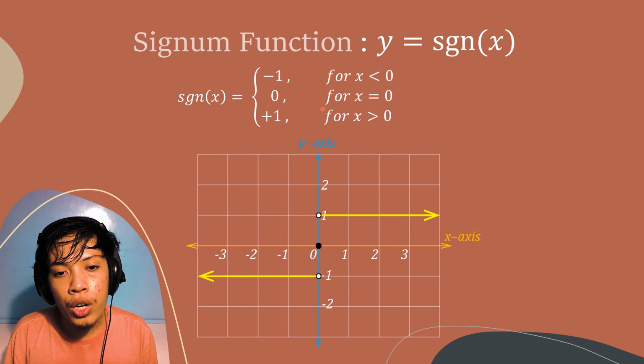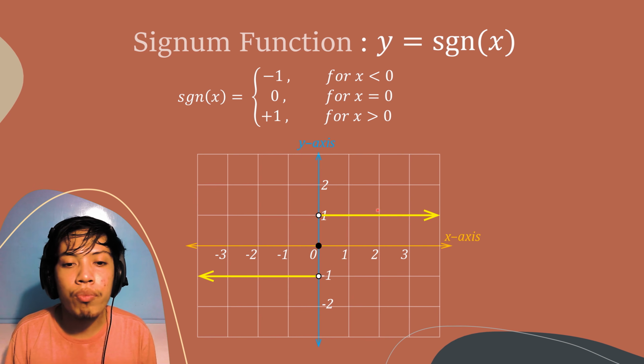Now for x equal to 0, the value of the signum function is 0. That's why you have here a solid dot at the origin. The same with this line here.